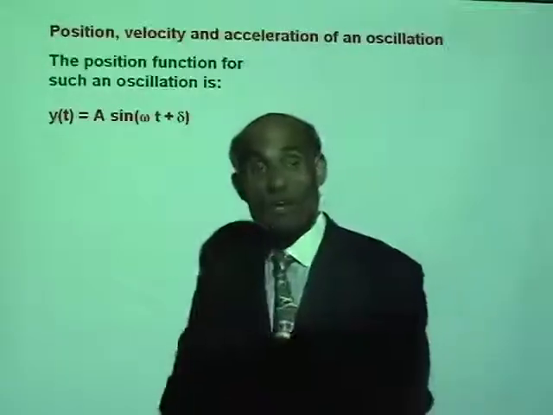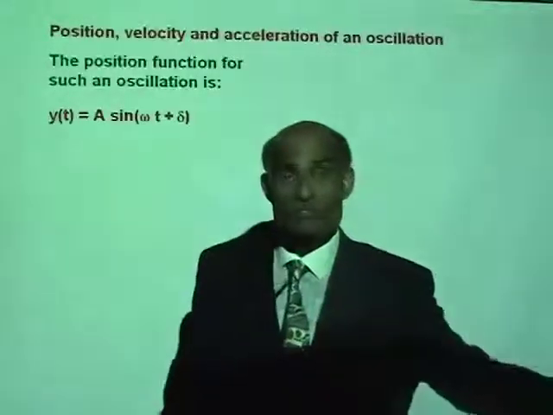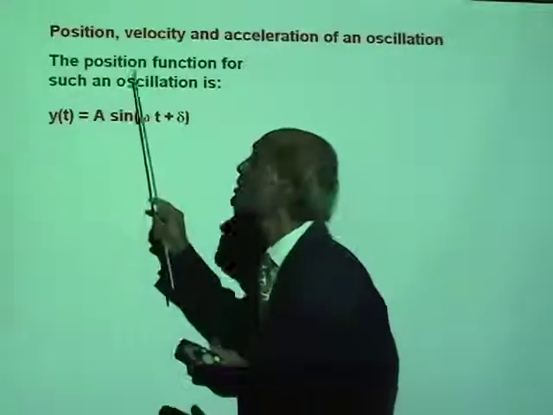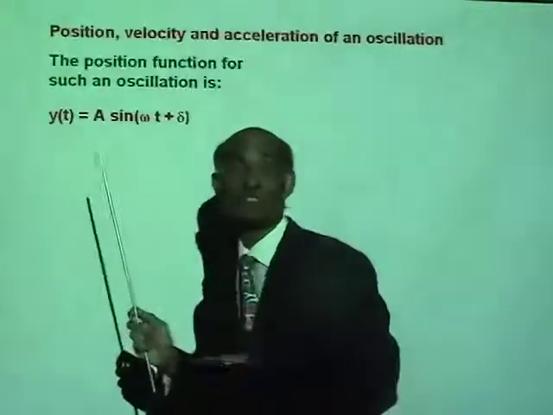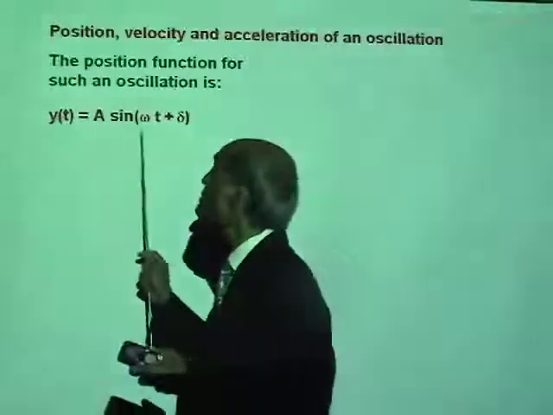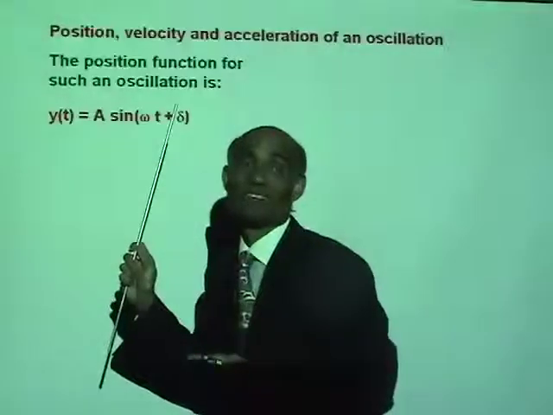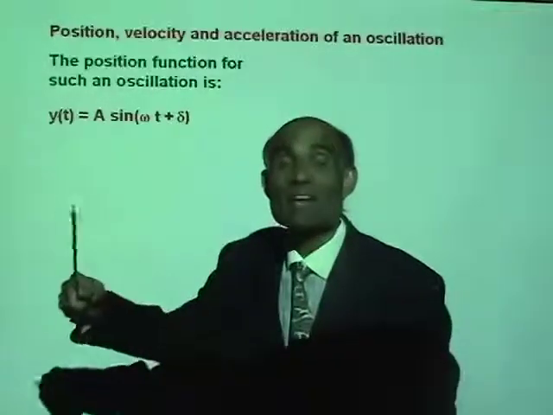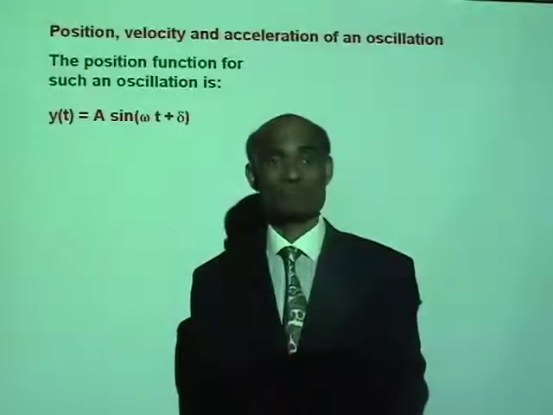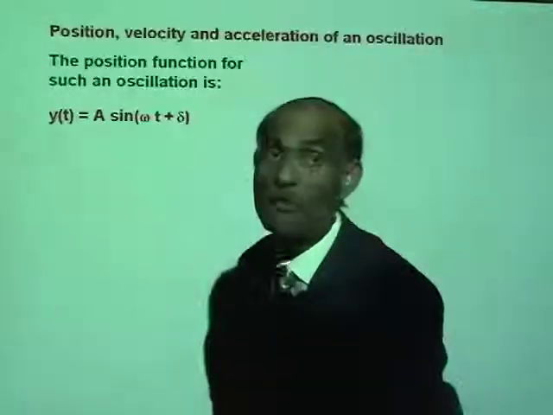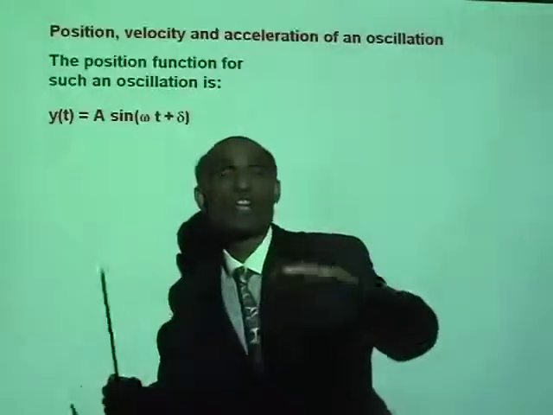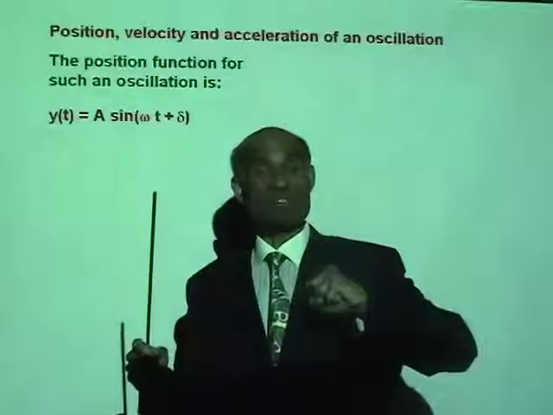Now, you know from your discussion in Physics 1, the derivative of the position function will be the velocity function. If this is the position function, can you find the derivative of this? And give me an expression for the velocity function. Now, you know that the derivative of a sine function is a cosine function.